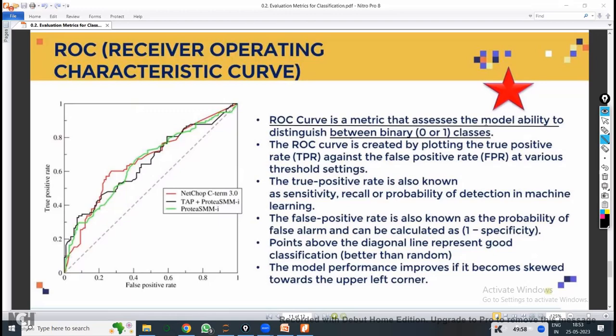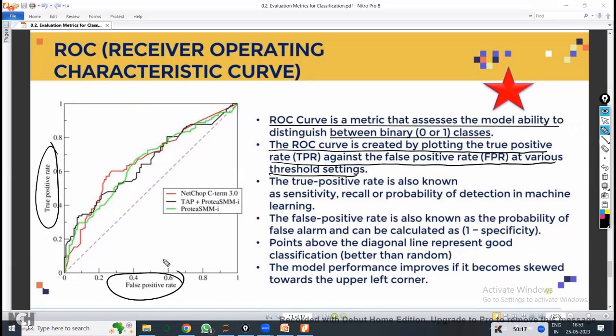Still, if you want to try, you can, but you'll get wrong or very low results. Now, the ROC curve is created by plotting the TPR versus FPR at various threshold settings. You are making a curve like this.